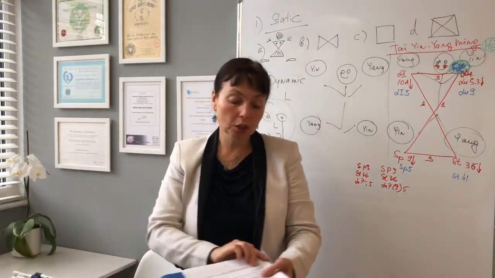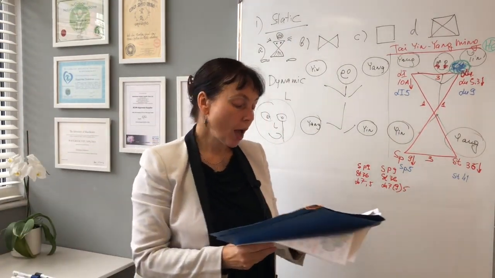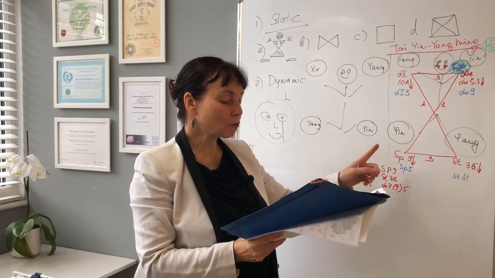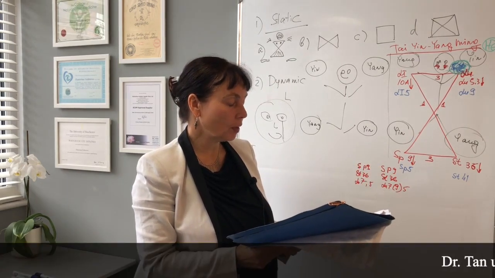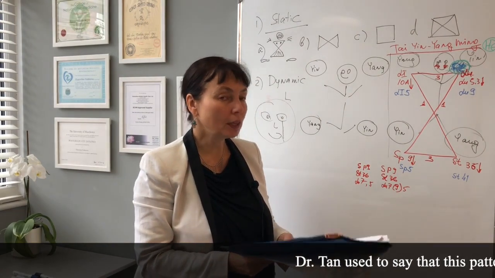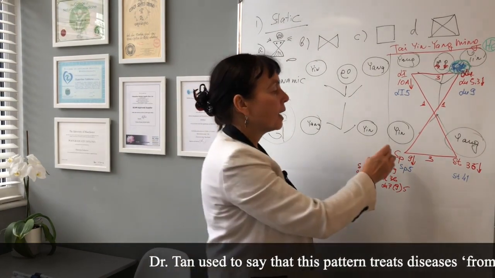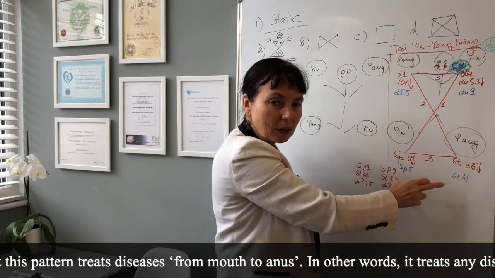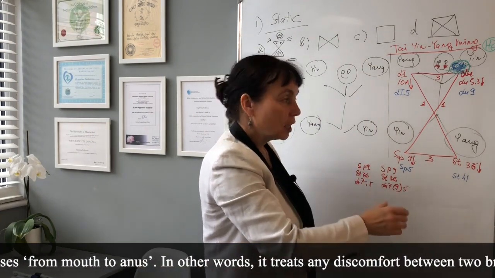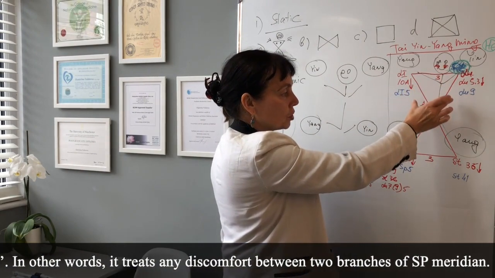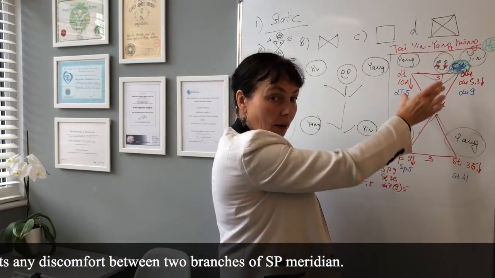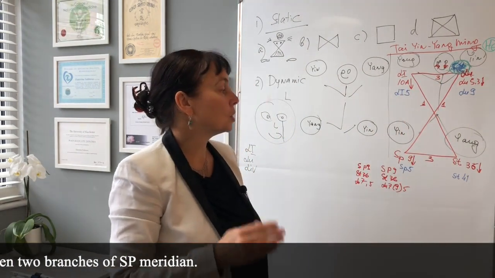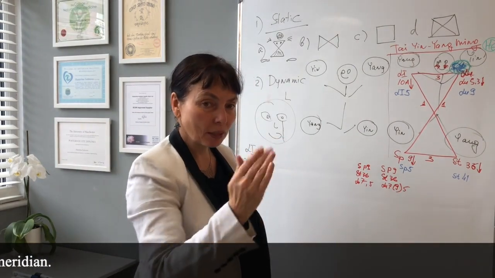You can just change the points. So any problems in the front of the body, below the eyes to feet, because this pattern balances everything between two branches of spleen meridian. Just change the points. Spleen meridian goes, it's quite wide area. So anything between spleen and spleen branch.